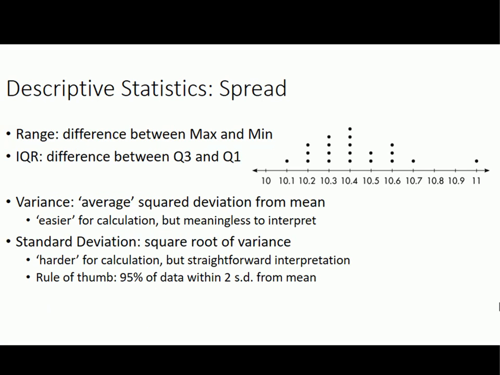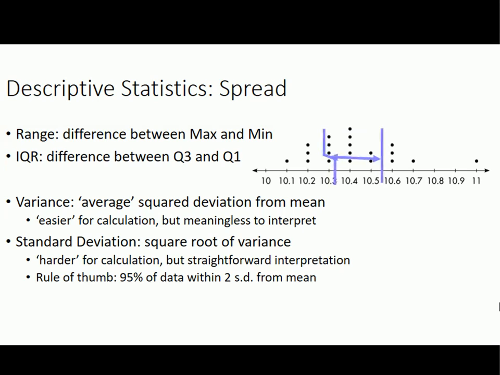We also want to describe spread. Spread is a way of talking about how far the data spreads away from the mean. A very simple descriptive statistic would be the range, which is the length between the minimum and the maximum values in the data set. It is just the maximum value minus the minimum value.